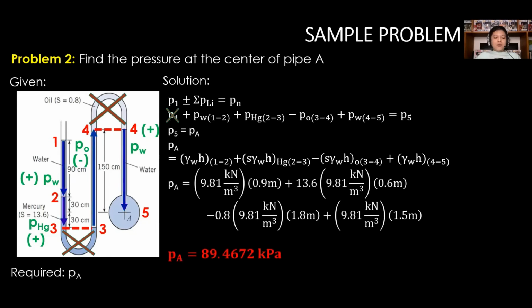The value of PA, or pressure at the center of the pipe, is equal to positive 89.4672 kilopascals, which means that positive pressure inside the pipe, and as seen on fluids inside the manometer, all are being pushed by the pressure.